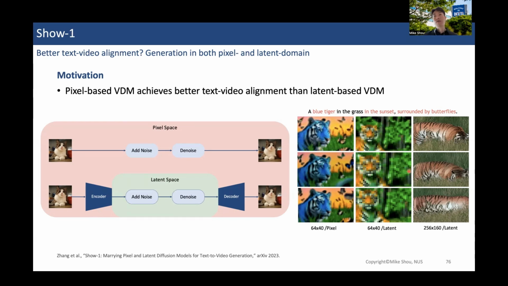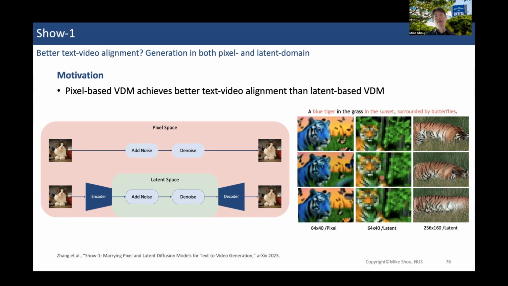Here is also basically a toy exploration that we did, comparing the pixel model and latent model in terms of generated videos for this sentence. We can see, when we look at just a very small video, these are keyframe size video generation, the pixel model, even though the size is small, can already capture the content like blue tiger, sunshine, butterflies.